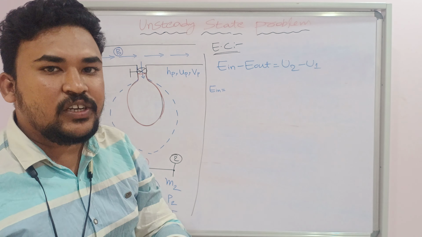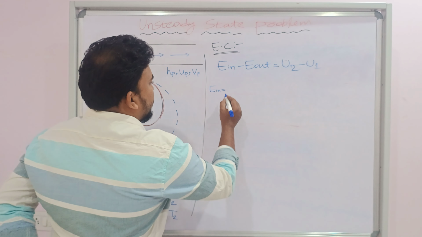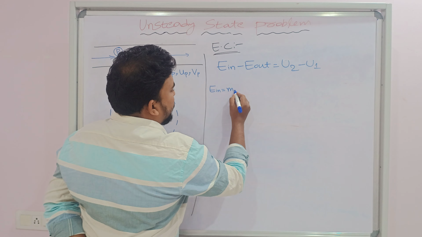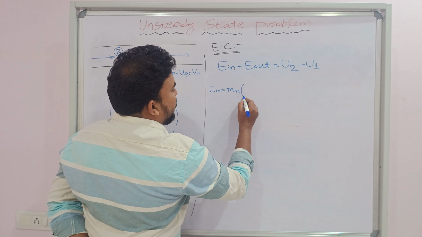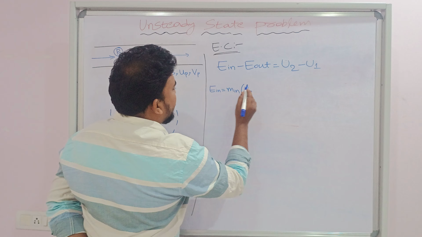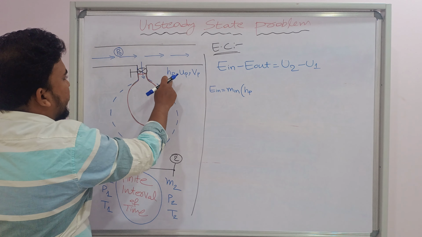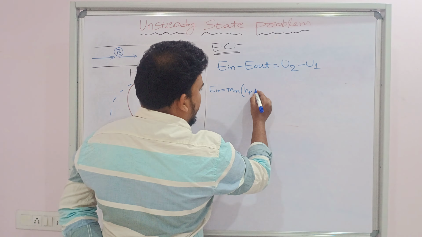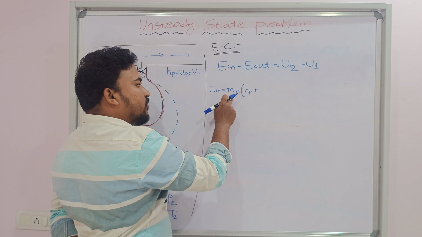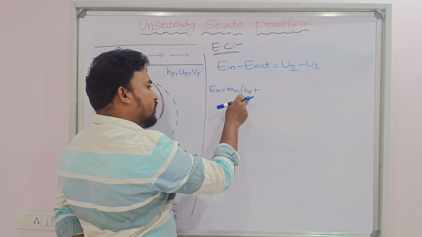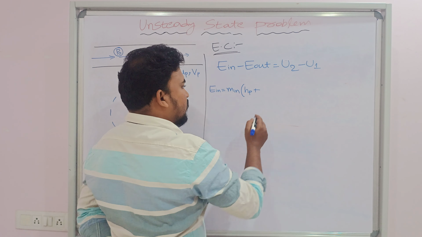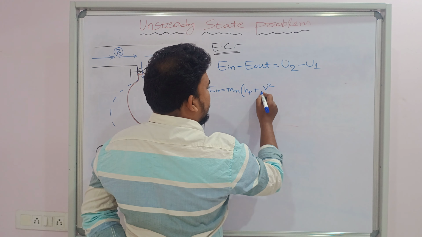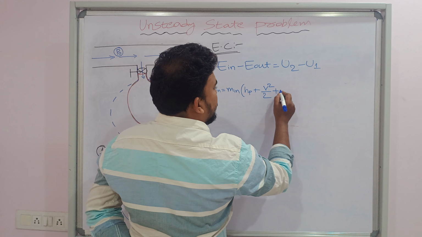It will take some energy also. Which energy will it take? Some mass in is coming. It will take some enthalpy, because the fluid has some enthalpy. So h per unit mass, because we are multiplying with mass only, so that it will be in joules or kilojoules. So h plus V square by 2 plus gz.